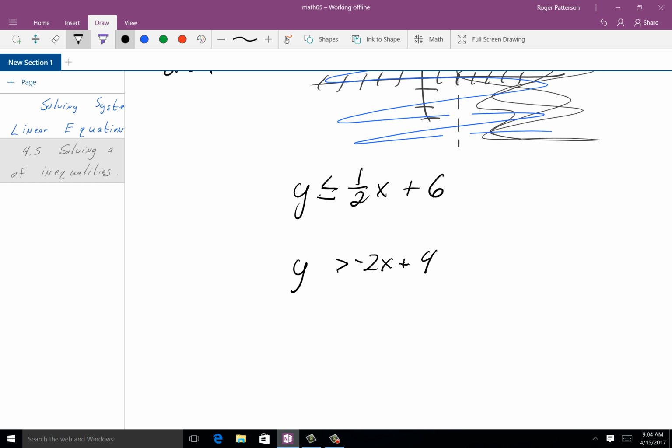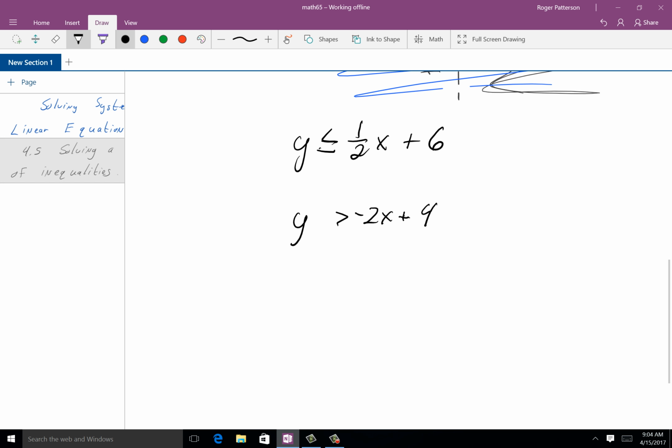Okay, so let's try this one here. It's already solved for y, so I'm going to graph it. We're going to graph y is less than 1/2 x plus 6.